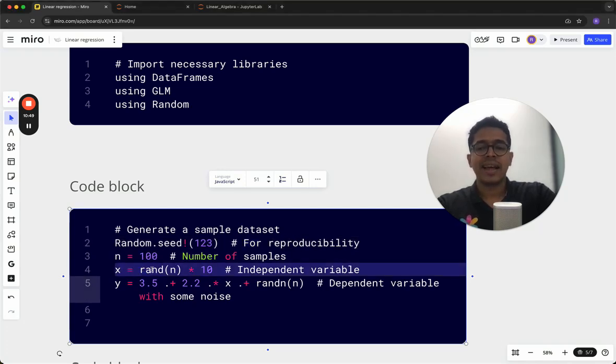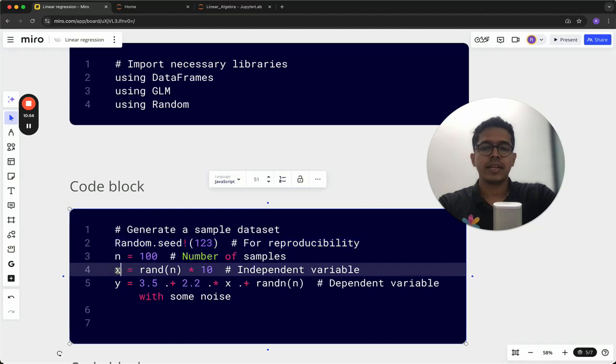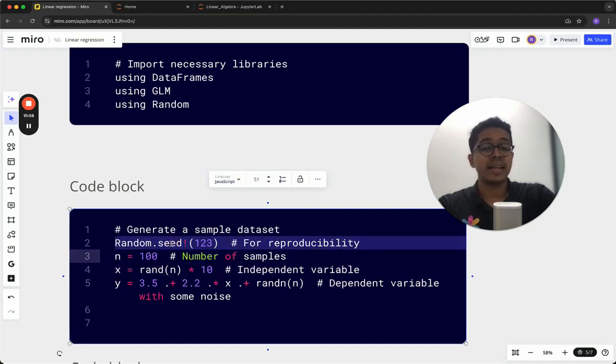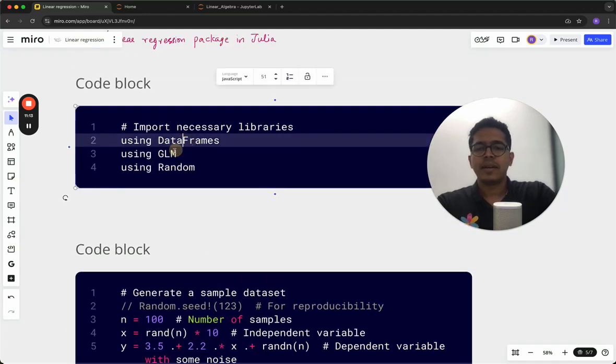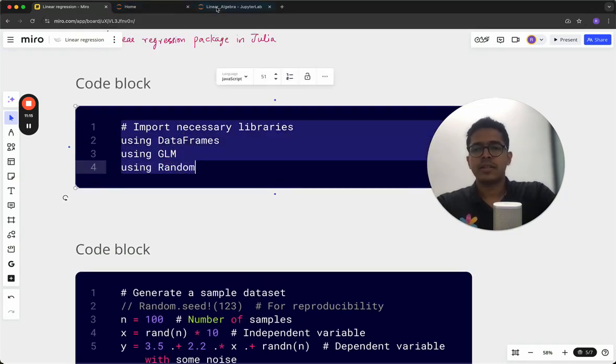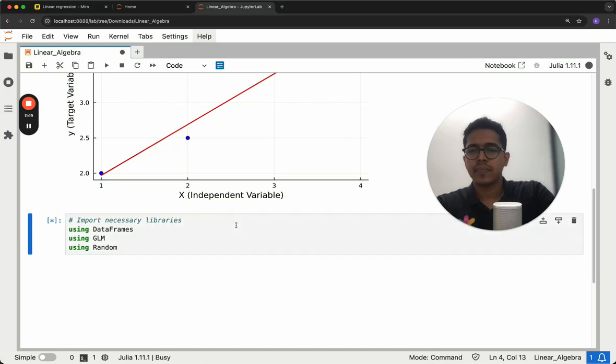If we don't have this, the values created by the rand function will be very different, but when we use the same seed, we will get similar X values even when running the code multiple times. But this is actually not needed. I am fine with it not being here. So DataFrames, GLM and using Random. Let's copy this and put it in a new block.